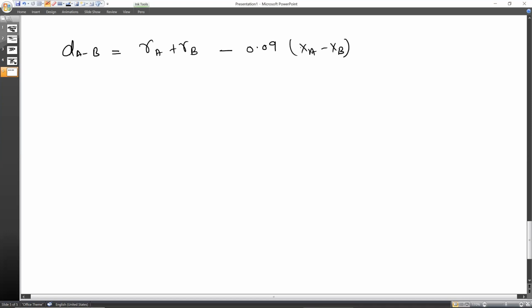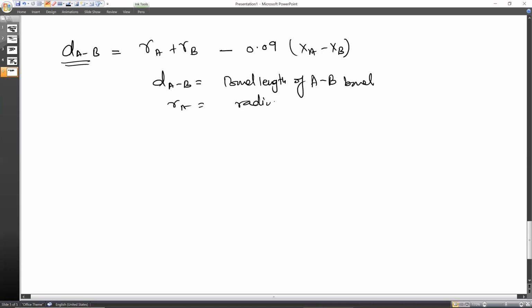So what is DAB here? This is the bond length of AB. What is RA? RA is the radius of A. What is RB?